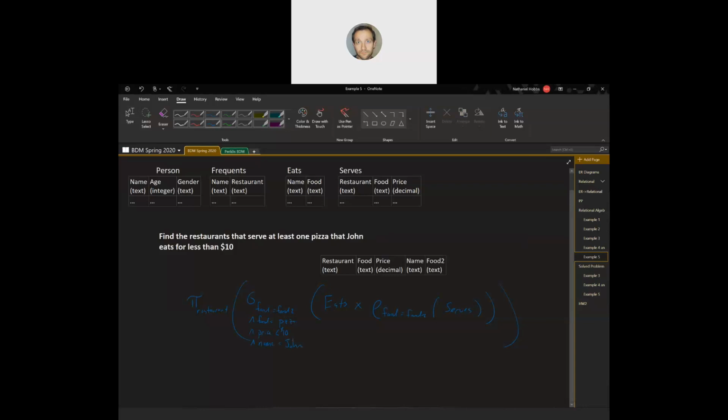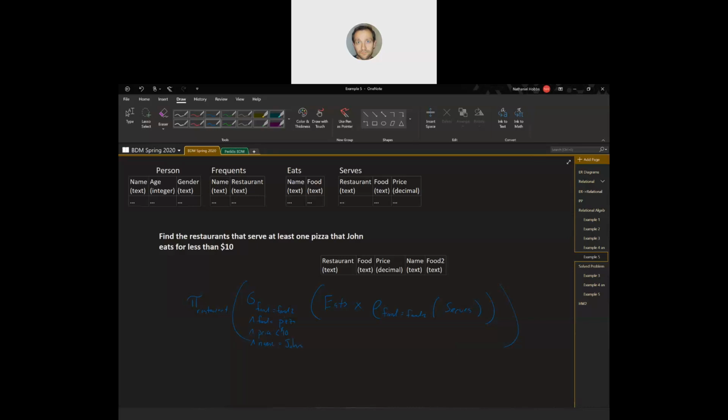And I think that this ends. Do we need to relate the frequents table at all? No need here. It doesn't necessarily have to be a restaurant that he frequents, just the restaurants that happen to serve pizza that John eats. Yeah.